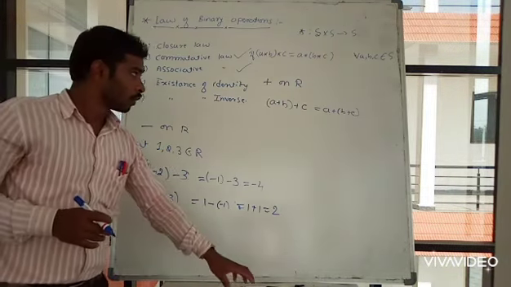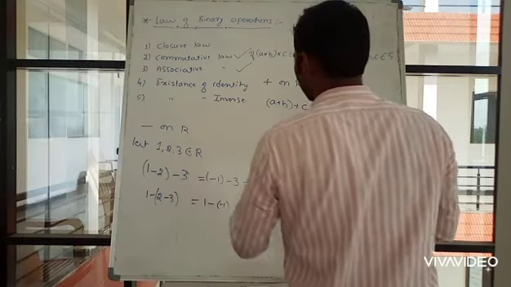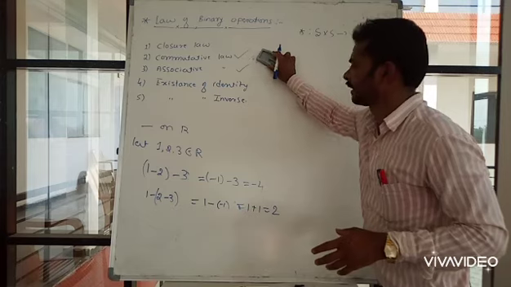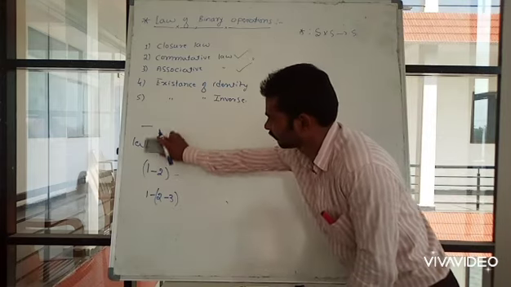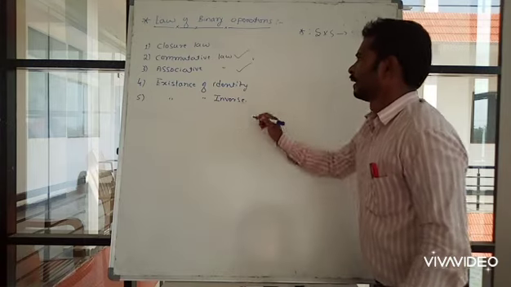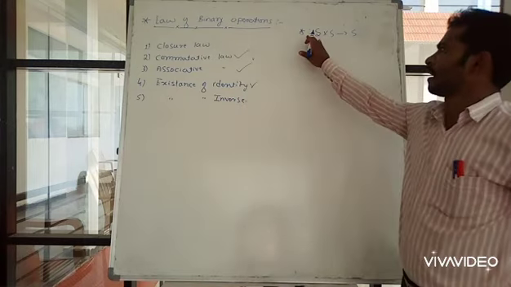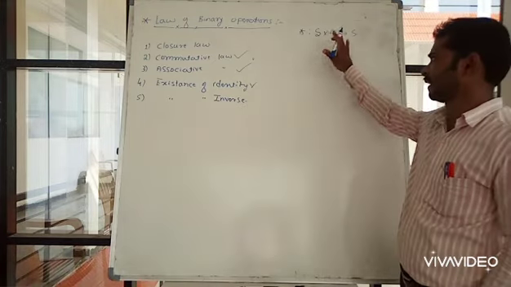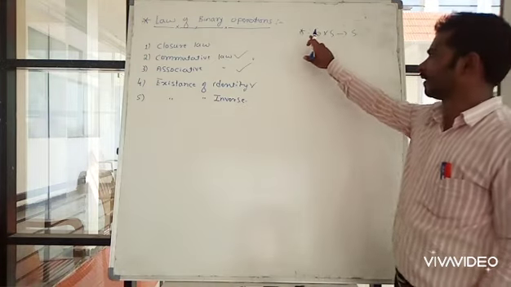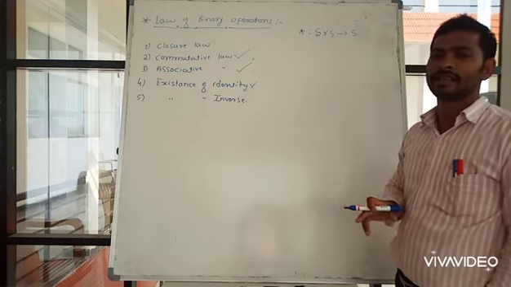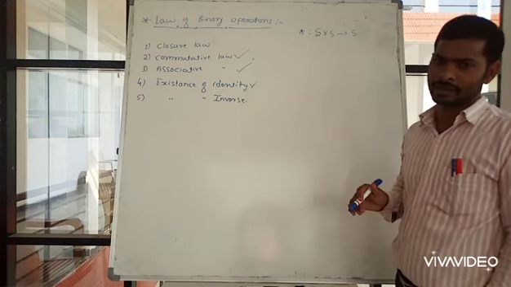Similarly, go to the next law, that is the existence of identity. Say star is a binary operation on the set S. This operation star on the set S is said to satisfy the condition of existence of identity.